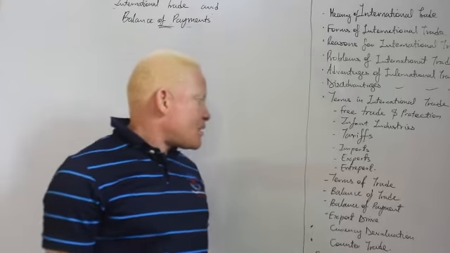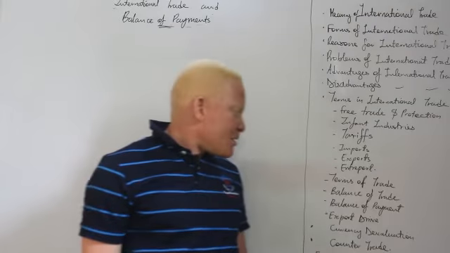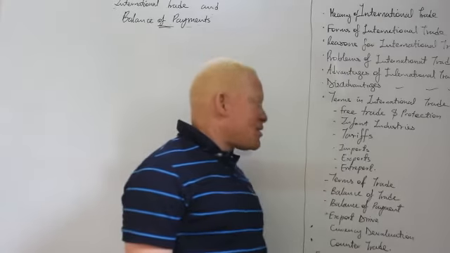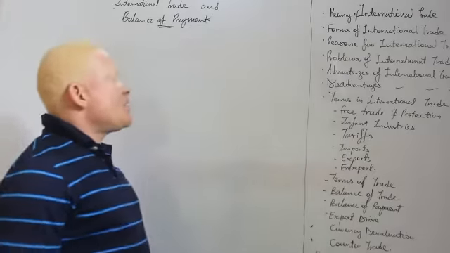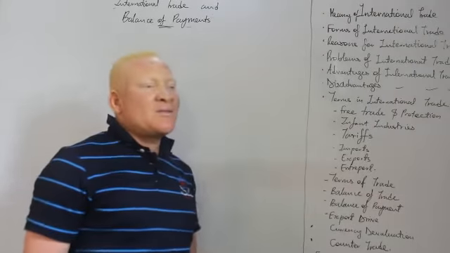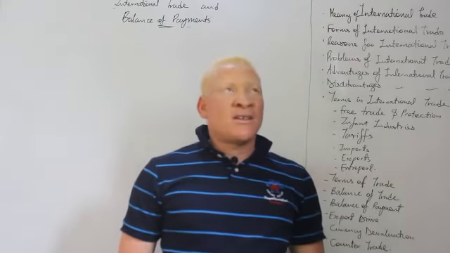Then we take a look at currency devaluation, counter trade, and economic integration. Lastly, but not least, is international trade theories. Now these subtopics will make up what we'll be studying today under the topic international trade.